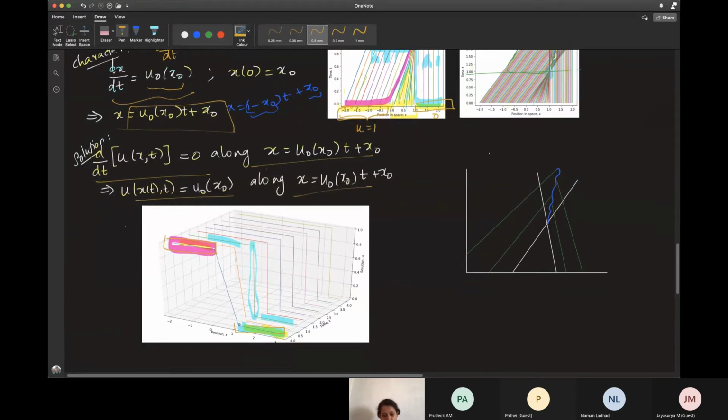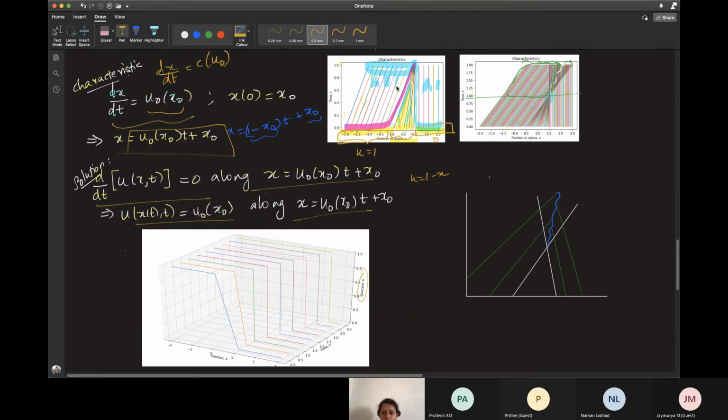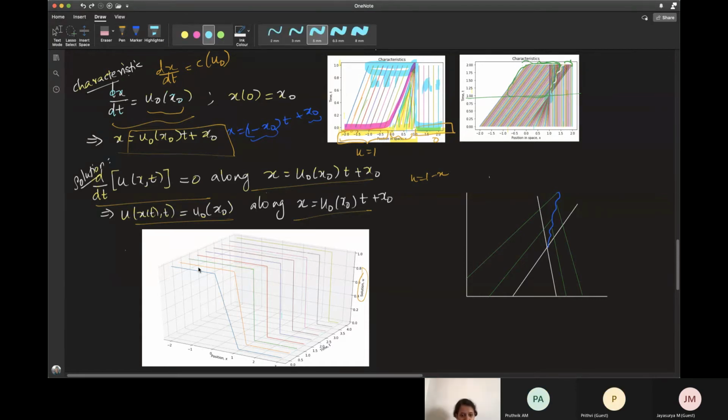So this is your solution. And in the region between 0 and 1, you had u equals 1 minus x. Till breaking occurs, you are able to evaluate the solution, that is, till this green curve.